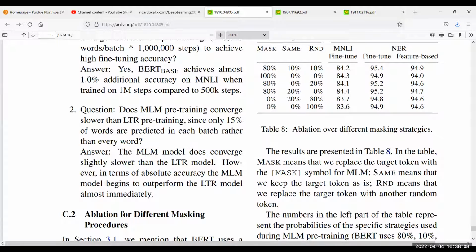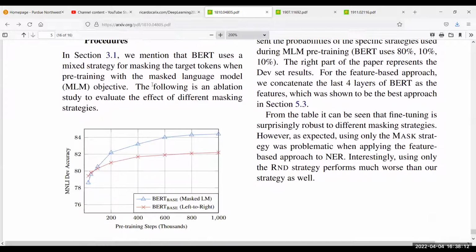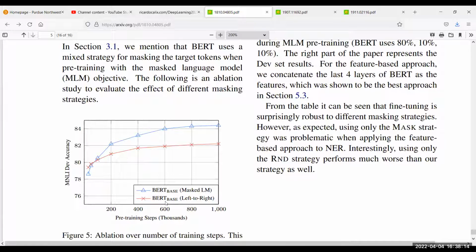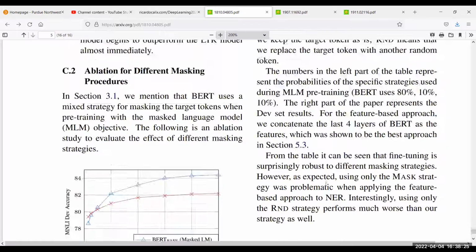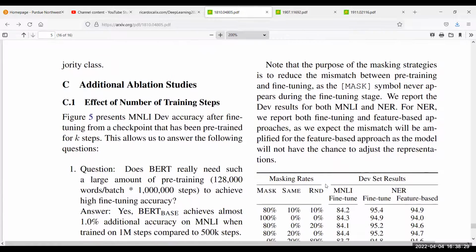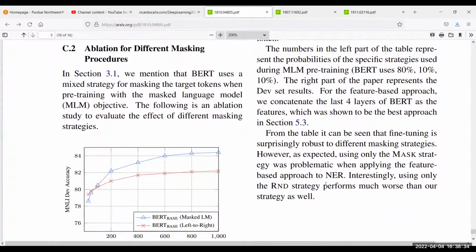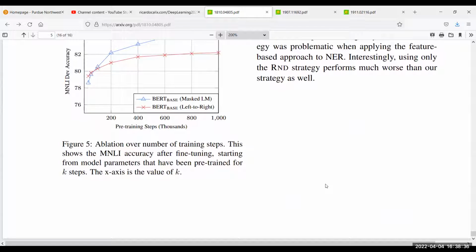Yes. Here it's comparing BERT base with masked and with left to right. So the masked approach seems to be better. So they're just basically here changing parameters and trying to figure out how it does. And that's it, right? So that's BERT.